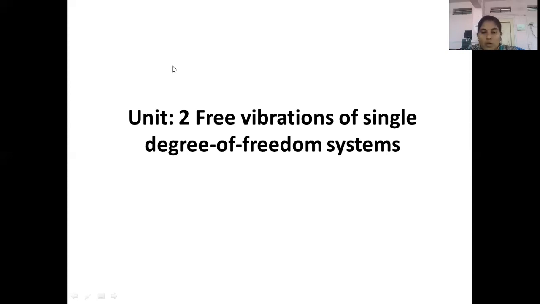In section number 1, unit number 1 is based on the theory part only, and the remaining 3 chapters have derivations and problems. But the basics of units 3 and 4 are included in unit number 2. If you understand unit number 2, automatically you will understand unit number 3. So be focused on this unit number 2.